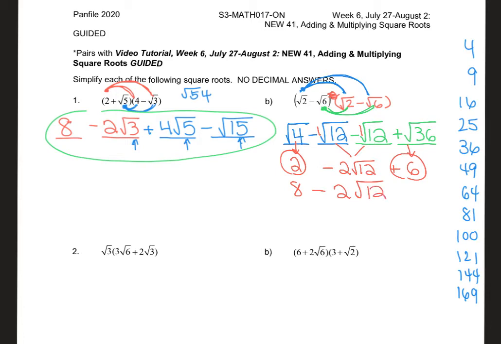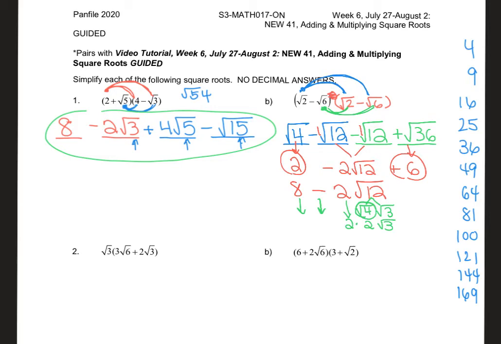Now, I said before, this breaks down into root 4 and root 3. Root 4 turns into a 2. So that's 2 root 3, but I have to bring this 2 down. So that's 2 times 2 root 3. But I have to remember to bring all of this stuff down too.